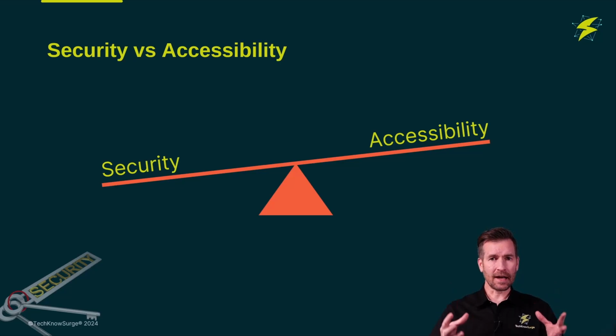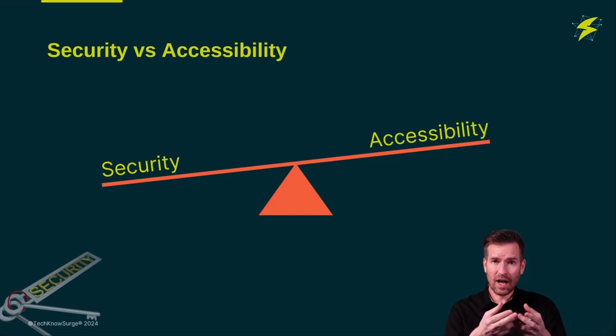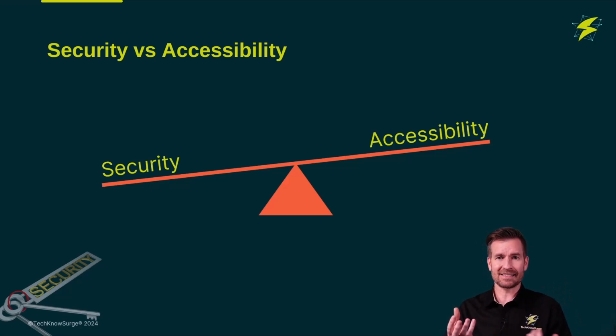There's this real tug of war between security and accessibility. And what I mean by that is that when you increase one, you're actually decreasing the other. And so there's a real problem with this. So let me give you an example. Let's say we have some data and we need users to be able to access that data. So we network all these computers so these users have access to that data.